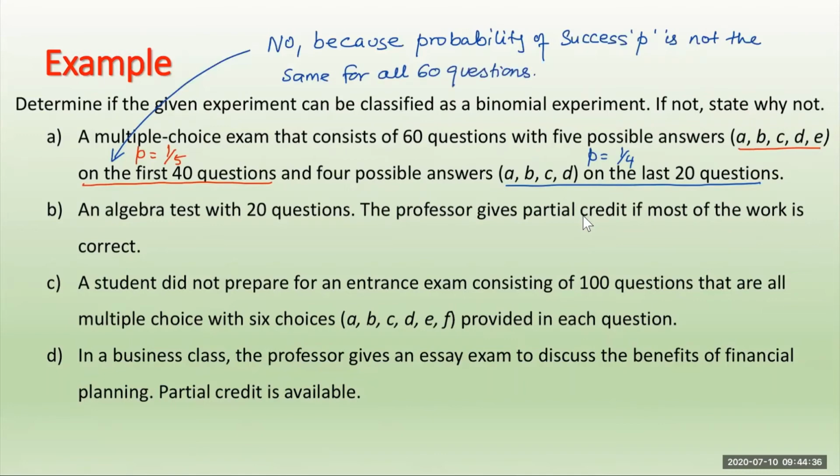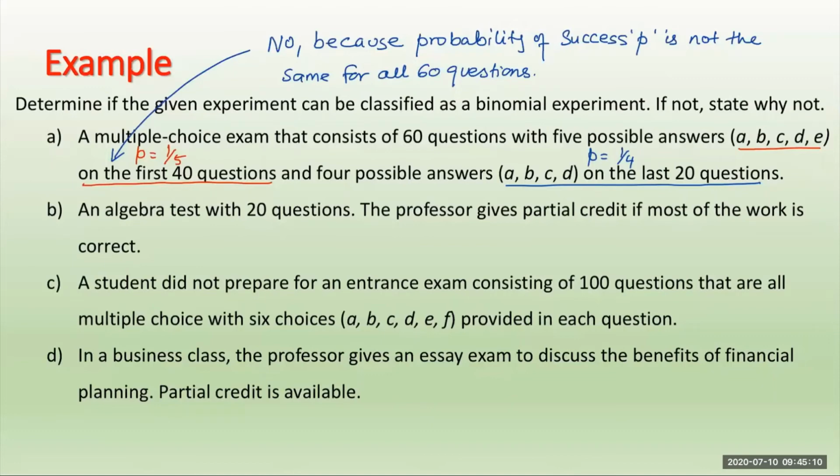For the experiment to be binomial, the probability of success should be the same for all 60 questions. It is not the same. That's why this is not a binomial probability experiment. Let's check B now.